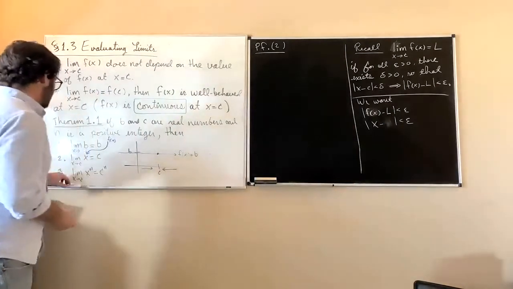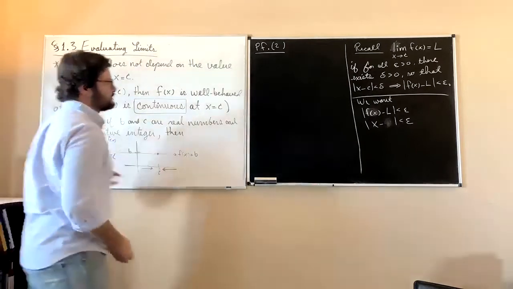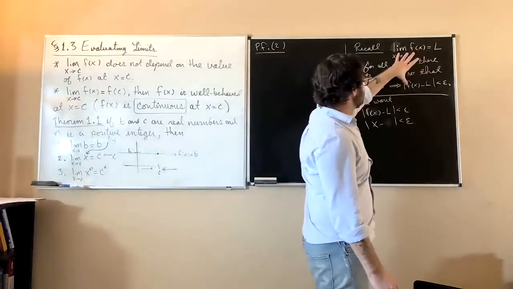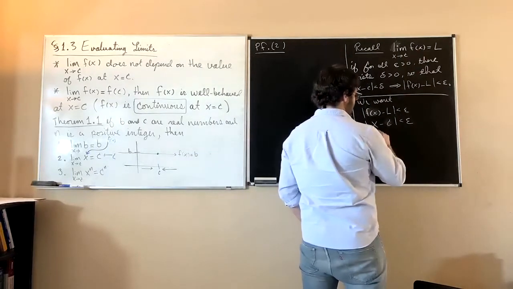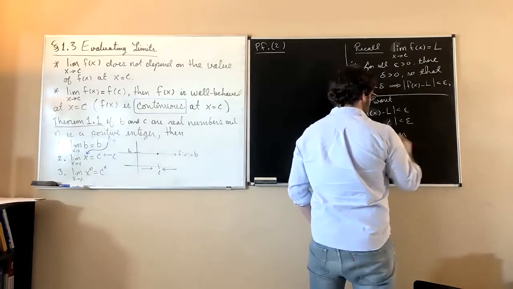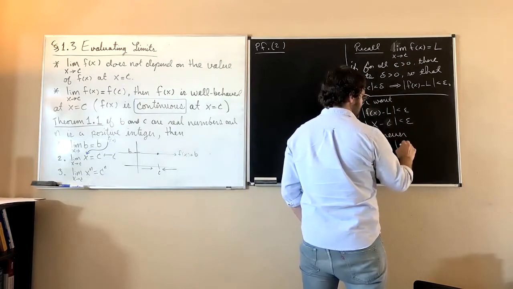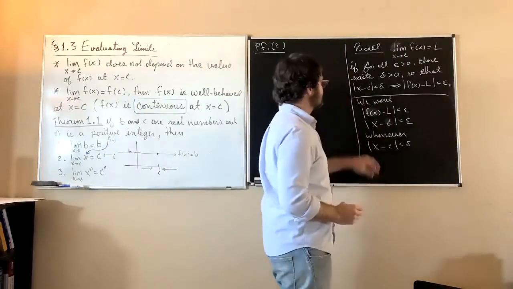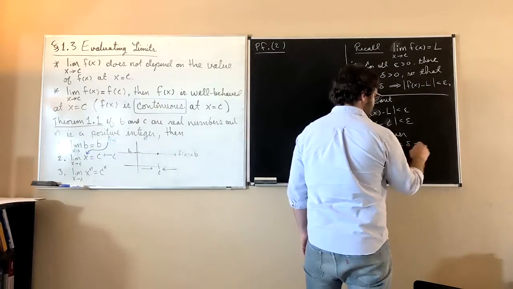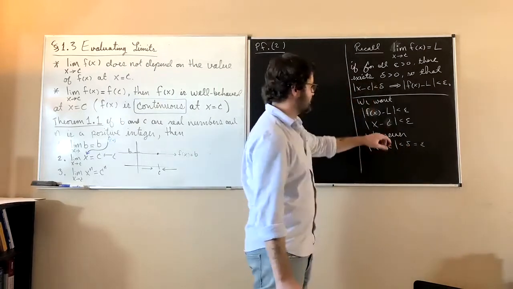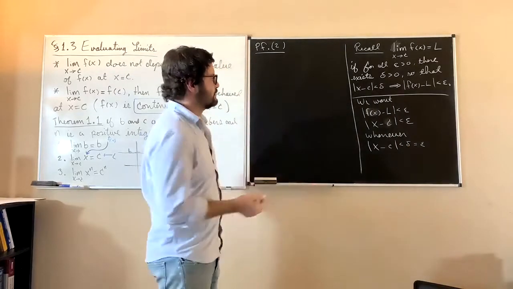So that's my function f, and this c is my limit L. But plugging into this definition we want to satisfy, we want that whenever x minus c is less than delta, right? But we see that we already have it, so if we choose delta equal to epsilon, then this is satisfied.